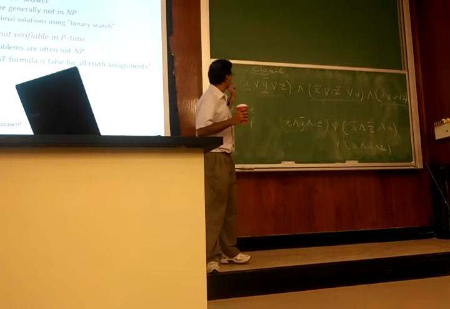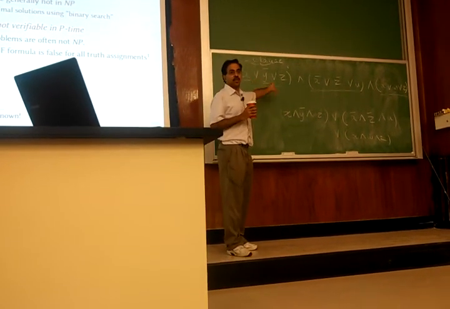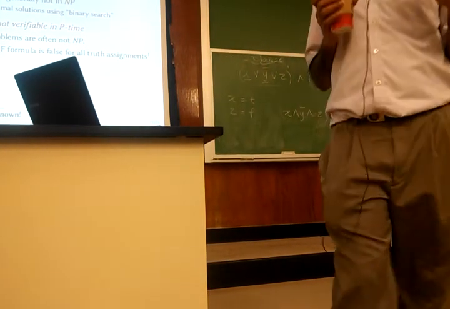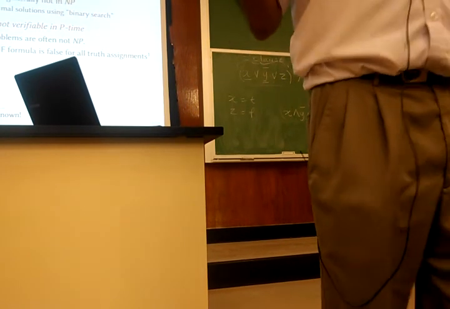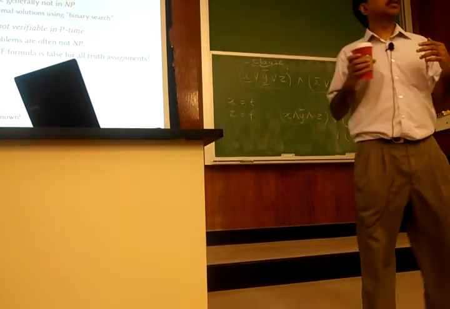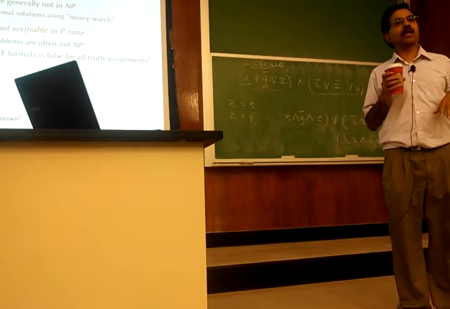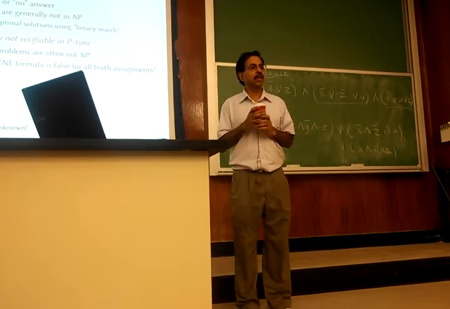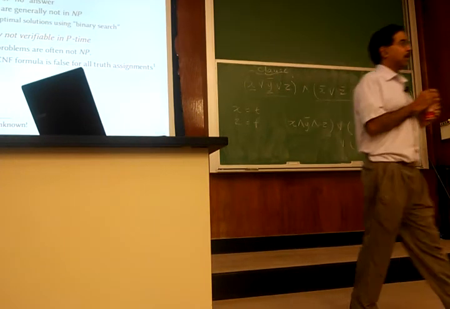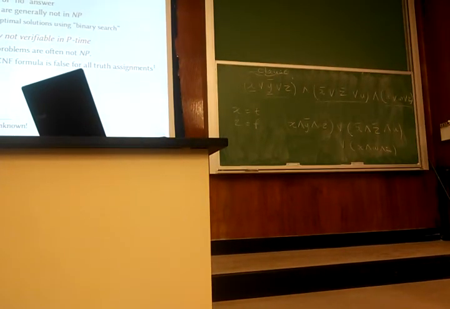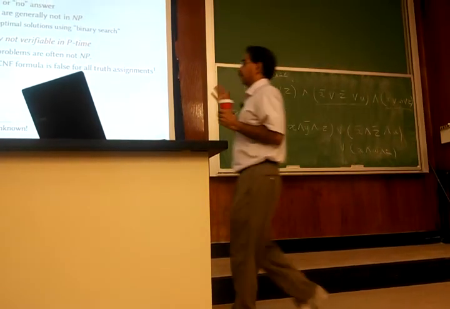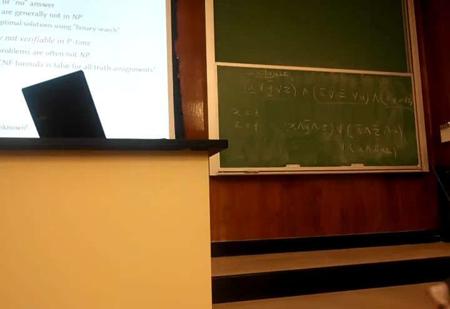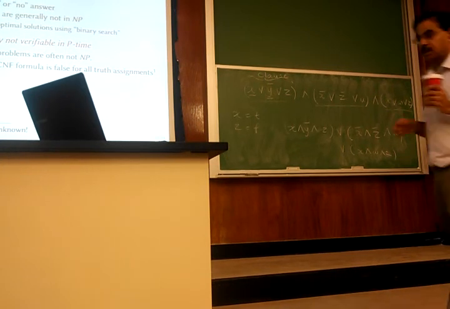Once I say that, you can very quickly substitute those values and check whether the whole formula is true or not. But if I tell you I can't give you a satisfying assignment, there is no way for me to give you a compact, polynomial size proof that actually shows that in fact there is no satisfying assignment. Okay? So that's another property of NP problems. Okay, when the answer is no, you are not able to give a compact proof.